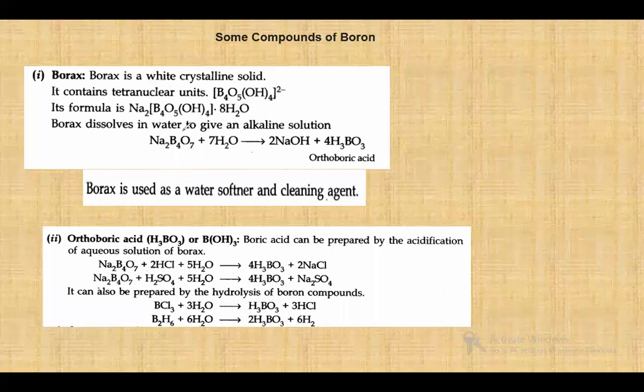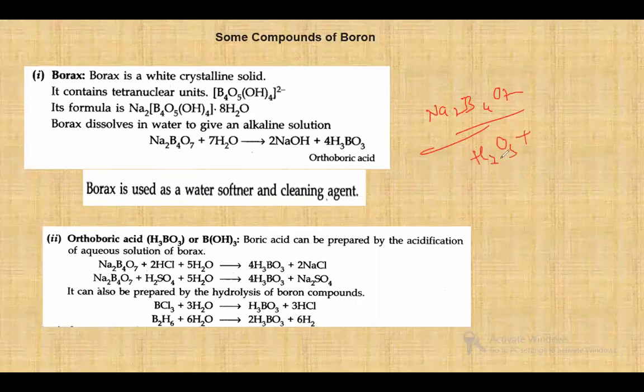Okay, this is prepared from colemanite ore. As we discussed in the earlier class, colemanite ore, Ca2B6O11, treated with sodium carbonate, Na2CO3, gives Na2B4O7. Also this is prepared from boric acid, H3BO3.